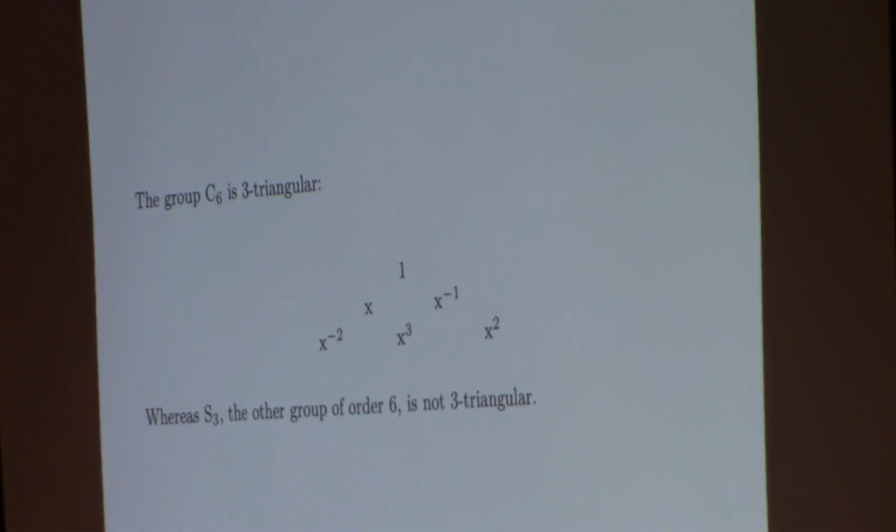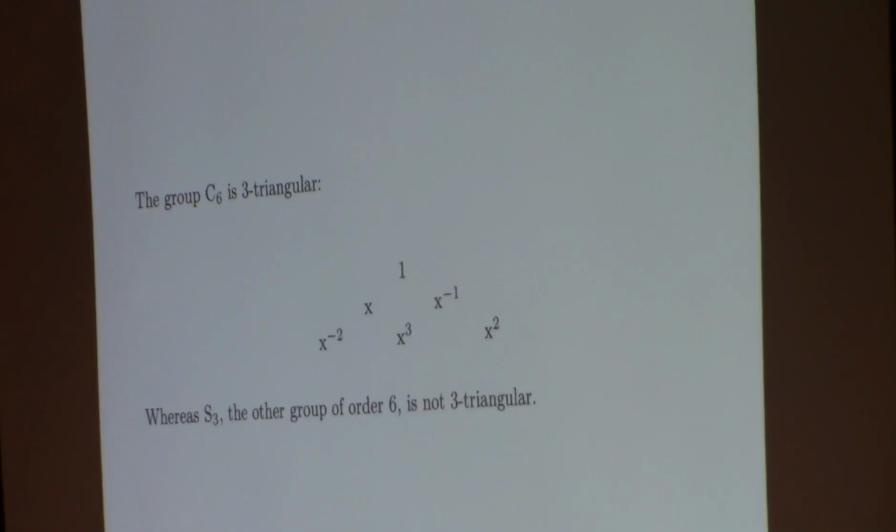Okay? And so we got some constructions here of some 3 triangles in other groups. All right, so here's a triangle in C6. Okay? So this is just the cyclic group of order 6 generated by x. So x to the 6th is equal to the identity. You could also just look at the exponents here and think of it as doing the integers modulo 6.